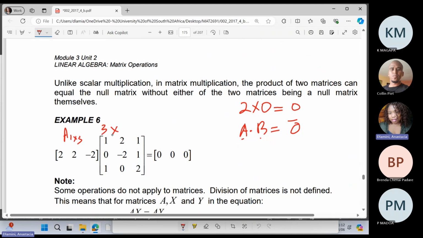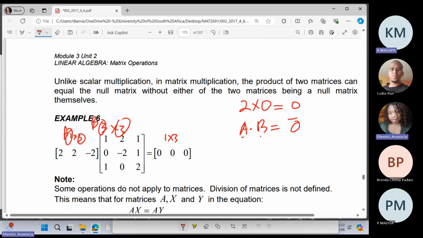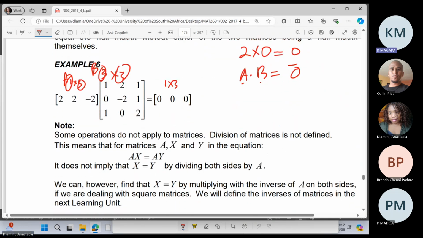And this is a 3 by 3 matrix. Let's call it B. The inner dimensions are okay, so we can do that matrix multiplication, meaning the answer will be a 1 by 3 matrix. Yes, it's a 1 by 3 matrix. Are we all together? Yes, ma'am.